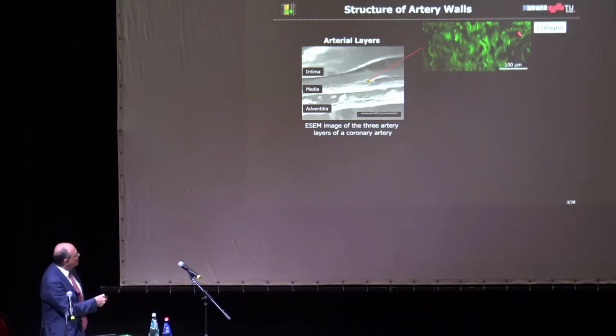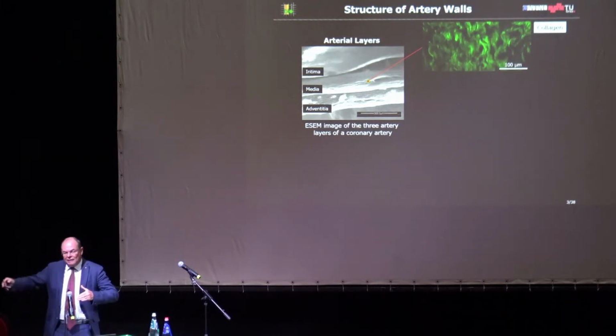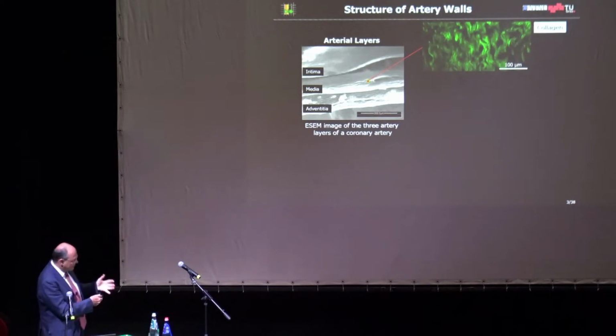Here we have collagen. You see the collagen in the unloaded state is wavy. That means you have to stretch it to become straight in order to be load-bearing. Very clearly seen here. So this is the most important component. It is a load-bearing component, collagen.